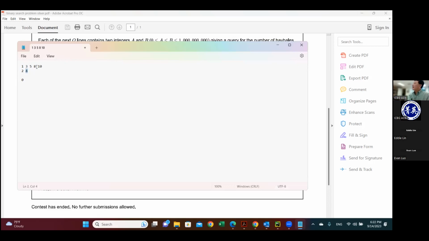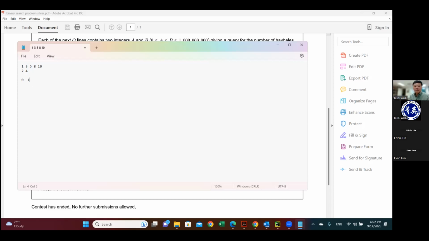You cannot find it, but you get the left bound. That's 3, and the right bound is 5. Then what is that index? The index value, the left bound is 1.